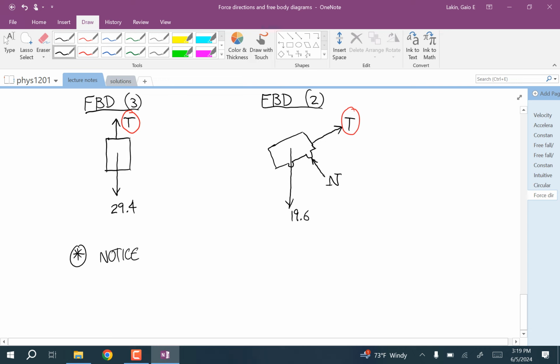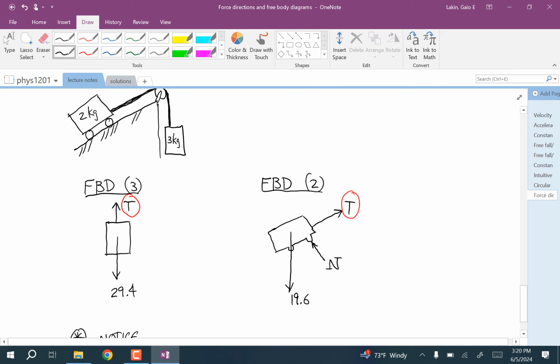So notice, if two bodies are connected by the same cable, and notice in this case that cable went over a pulley.